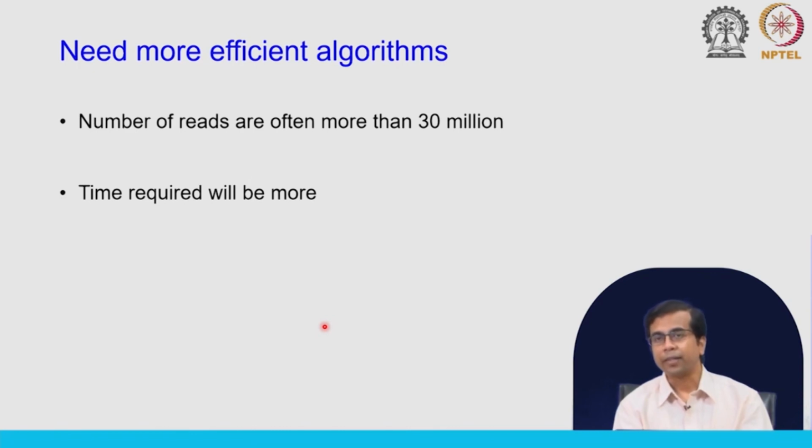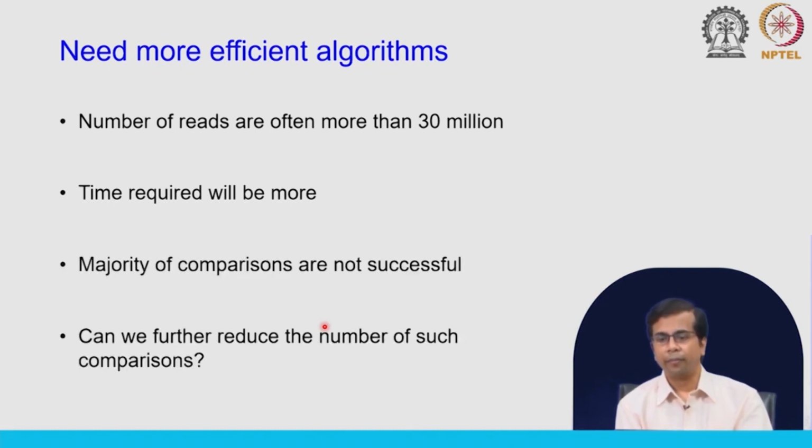So, whatever we have discussed, the brute force approach, BLAST, BLOOD, they are not good enough for this problem. Okay. And this is because the number of reads that we get from the data is often more than 30 million, in billions, and will require a lot more time. Okay. And one of the problems with all these algorithms is that the majority of comparisons are not successful, right.